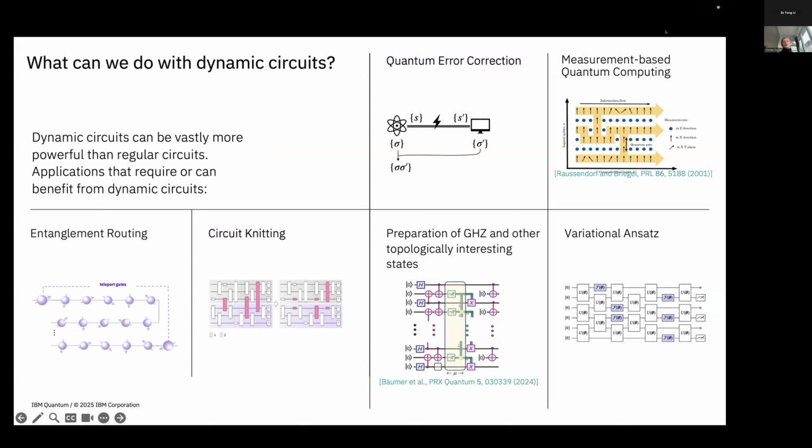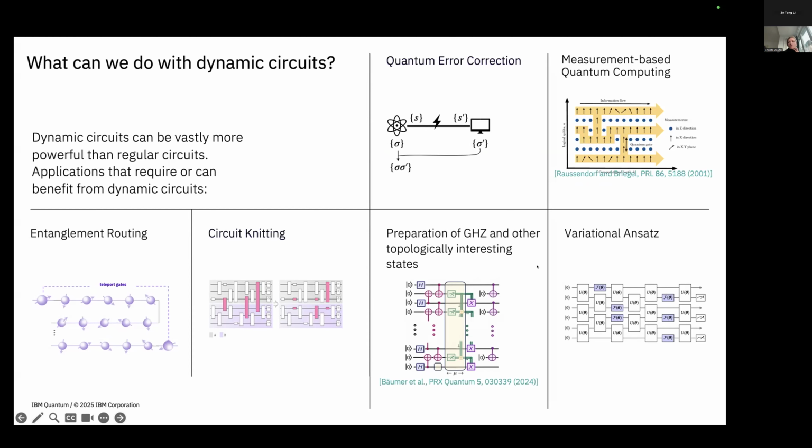For example, you can make use of it for circuit knitting, hence combining quantum resources that are available for larger experiments. You can prepare some topologically interesting states like GHZ states with significantly less gate overhead, and you can also use it to basically represent a particular form of measurement-based quantum computing.